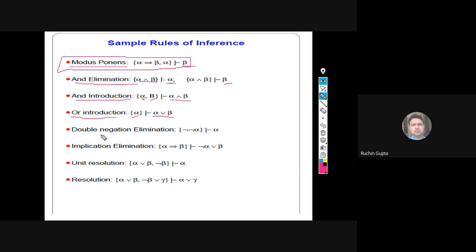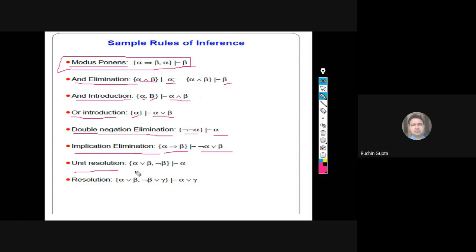Then we have another rule, the double negation elimination. If negation of negation of alpha is true, then it means that alpha is true. Then we have the implication elimination. If alpha implies beta is true, it means that negation of alpha or beta is true. Then we have the unit resolution.